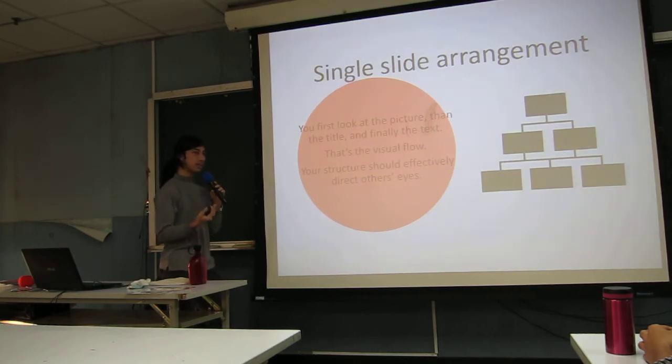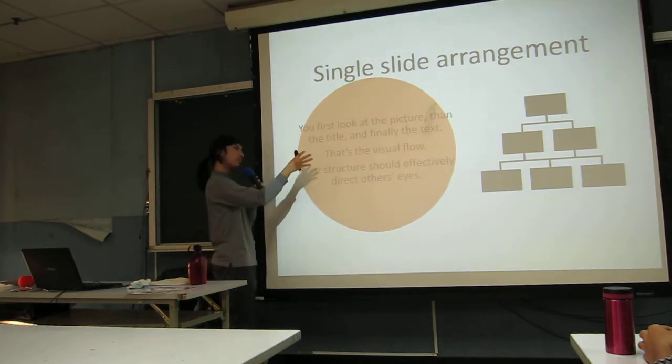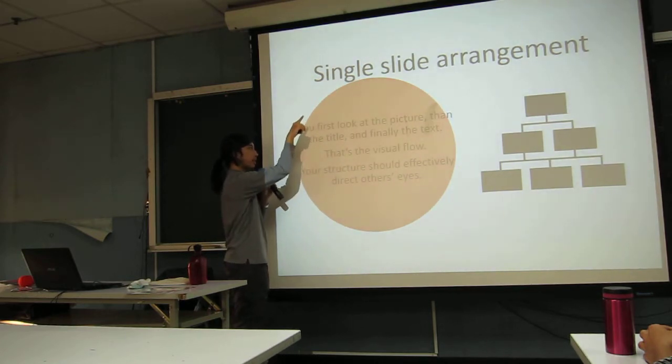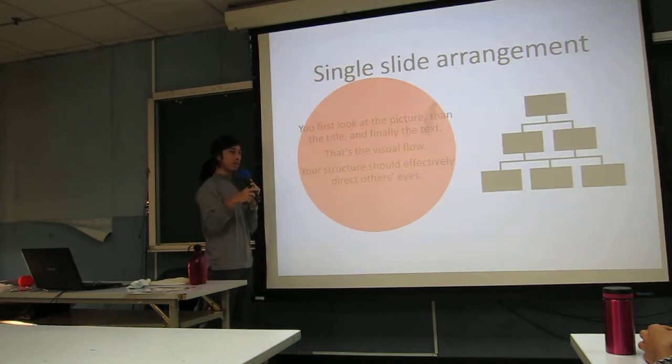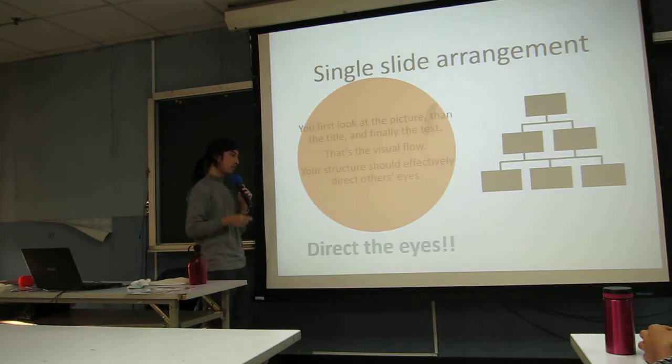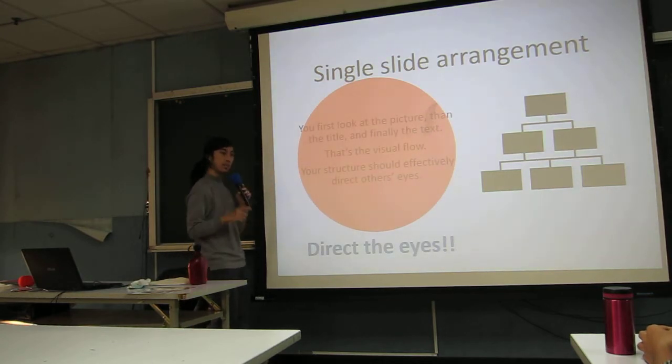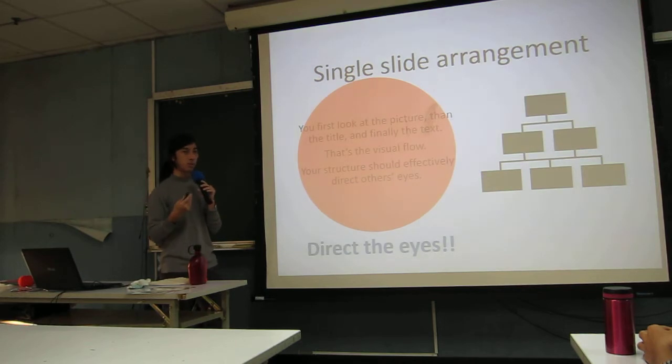So you should notice that the way you arrange these different elements, picture, title, and text, will direct the audience's eye. So if you are going to design only one single slide, your arrangement will direct the eyes. That is the thing you want to consider.